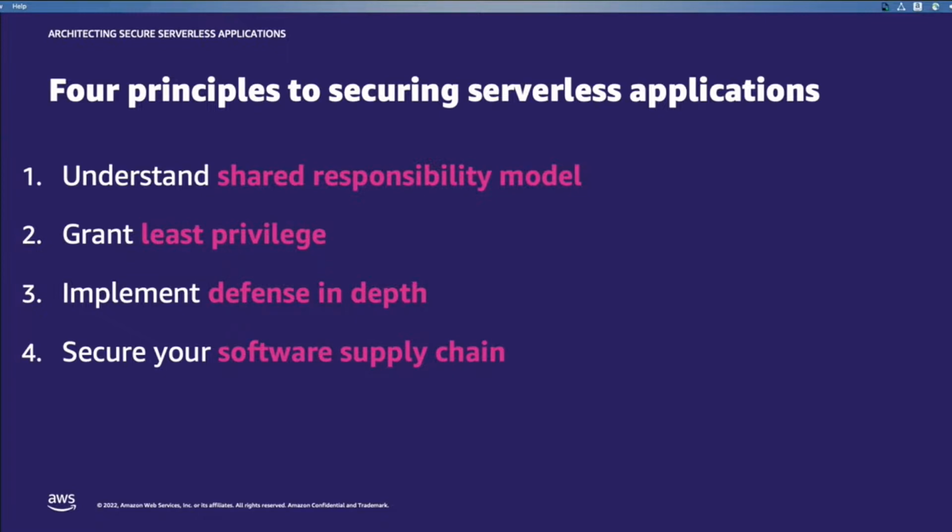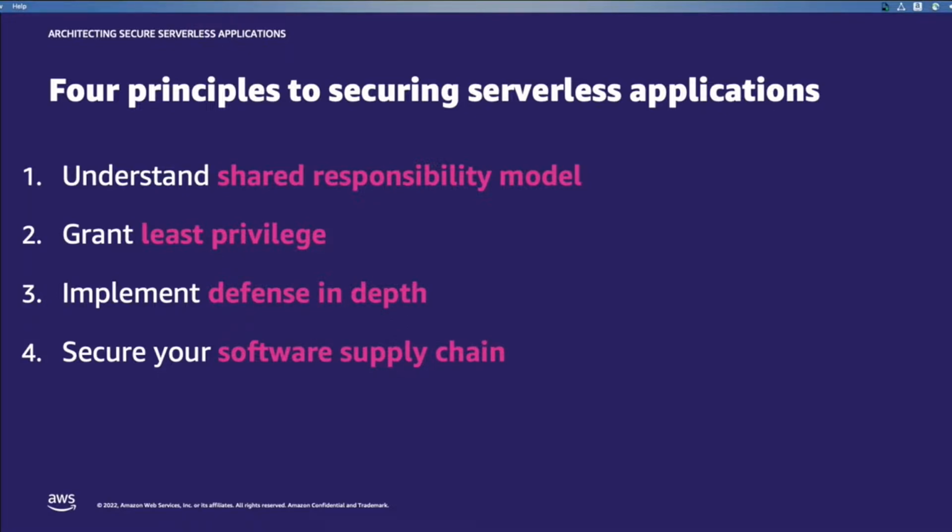But before we drill down to some of these areas, it's really important to remember these 4 things. We need to understand the shared responsibility model. Of course, you guys understand this. Second, it's really important to remember ways to work with the least privilege.